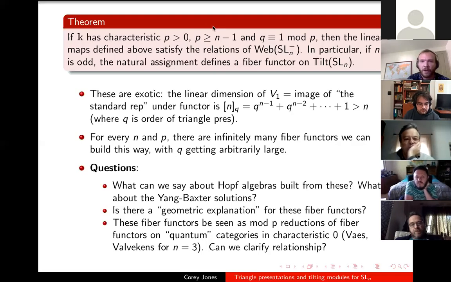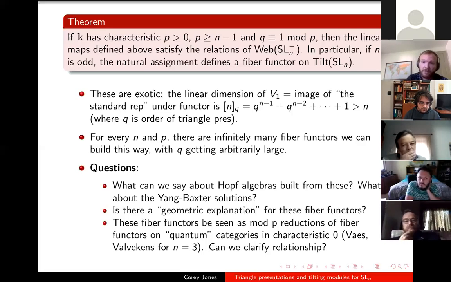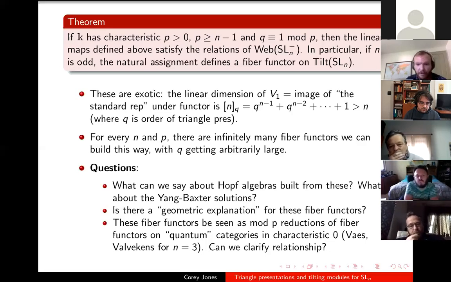You run into the question of whether P greater than or equal to n-1 even needs to be there, or is that even sufficient? But yeah, that's a very good question. And in fact, doing that not just for these categories, but for other categories, you might call those combinatorial fiber functors, because these morphisms just define subsets of some set, and you can ask for combinatorial conditions that characterize them. So you might imagine a big program of classifying all these for lots of representation categories, spiders like this.